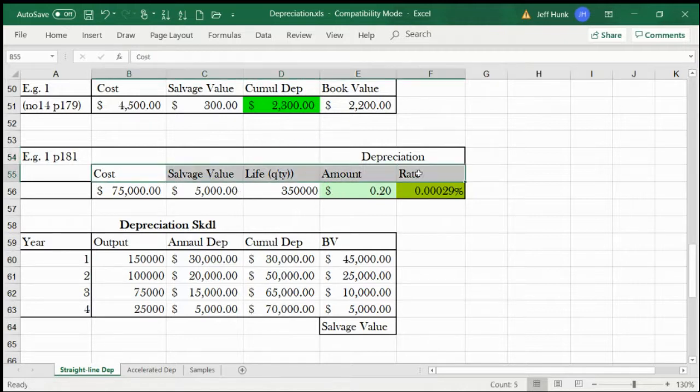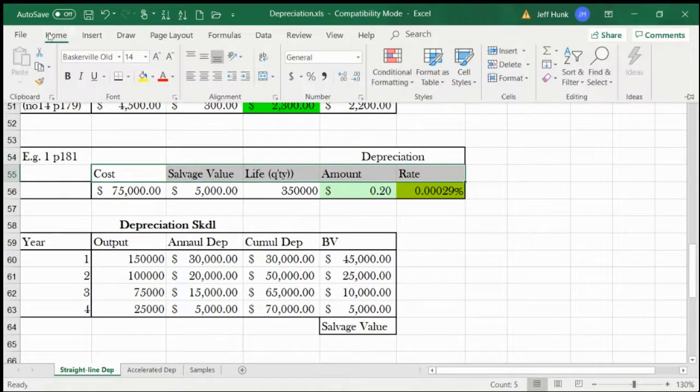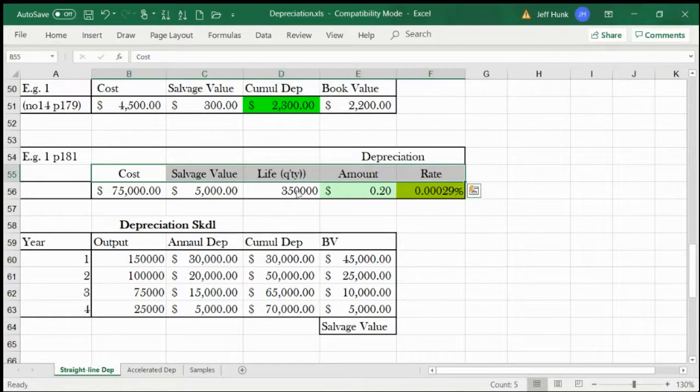Well, you would see that in this model, look at the life. The service life cannot be years, because 350,000 clearly is not in years. It is in quantity, in other words, output level.